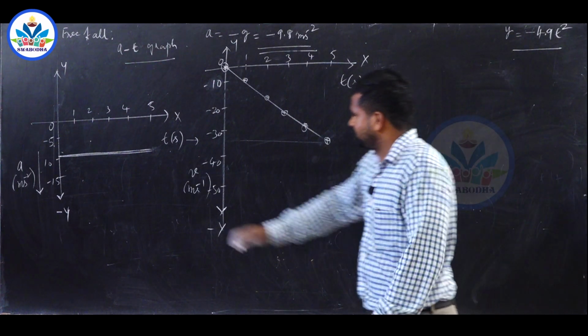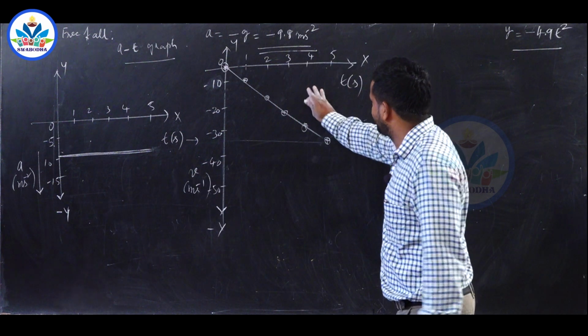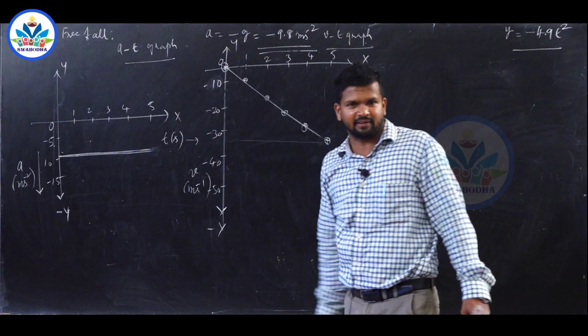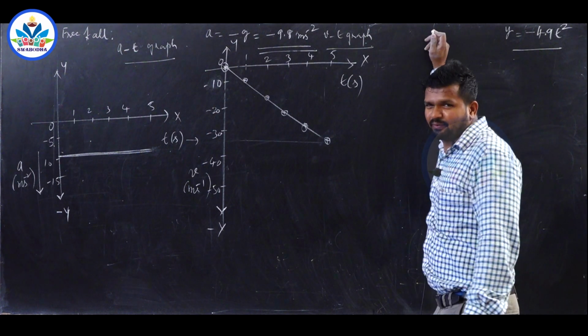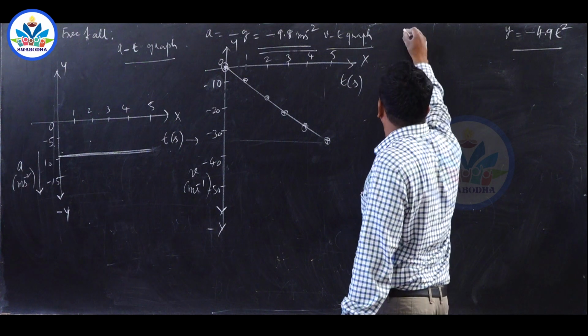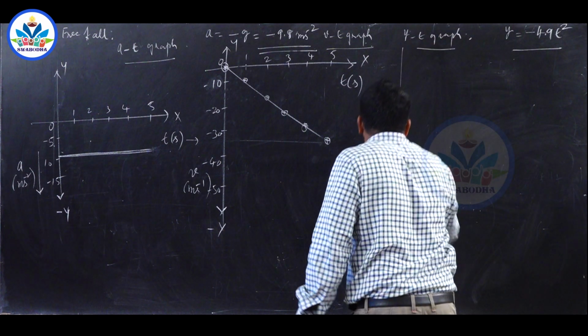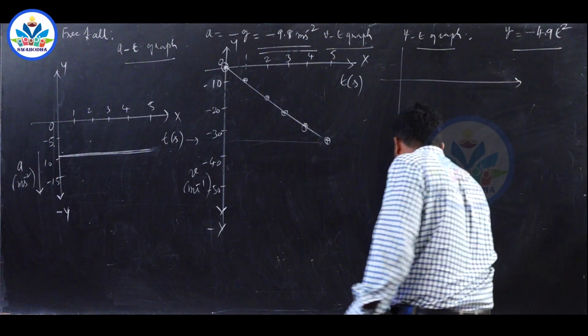Yes, this is the AT graph, this is the VT graph, velocity time graph, and this is the acceleration time graph. Now this is the displacement time graph or position time graph, the YT graph. Again the body is moving in the negative y direction.